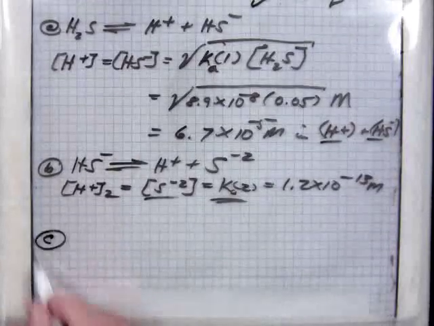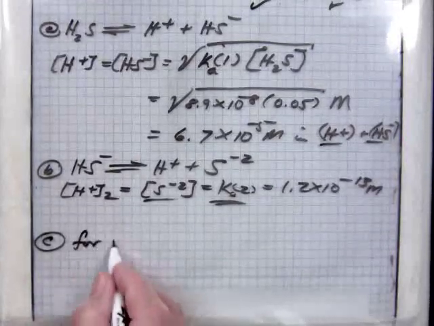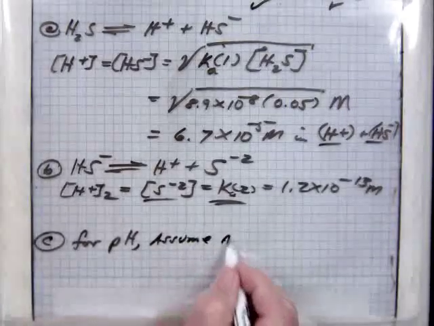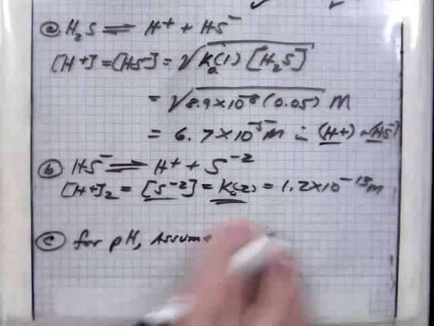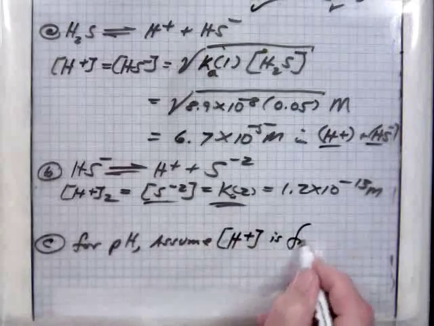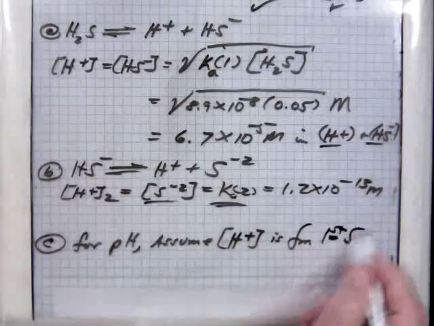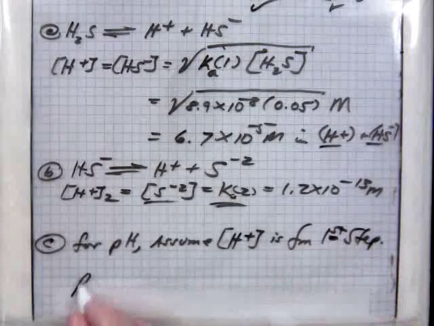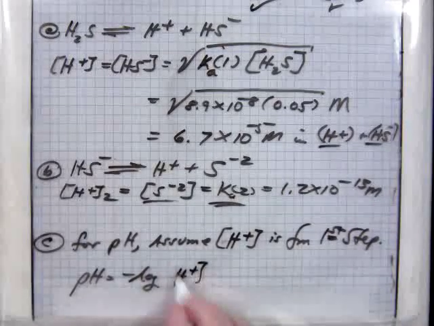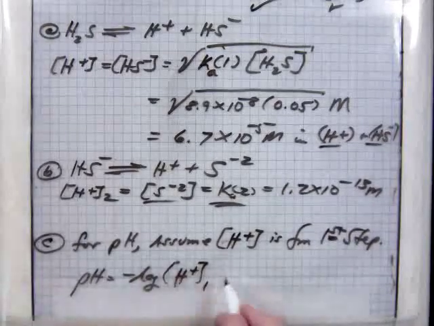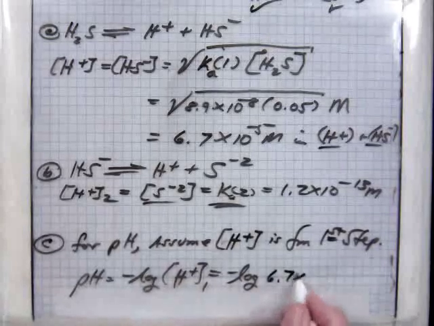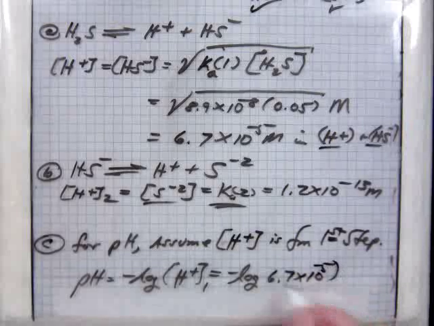So, see, for pH, assume hydrogen ion concentration is from the first step. So pH now equals minus log of the hydronium ion concentration from the first ionization step, 6.7 times 10 to the minus 5.